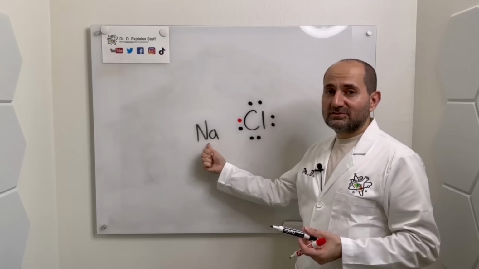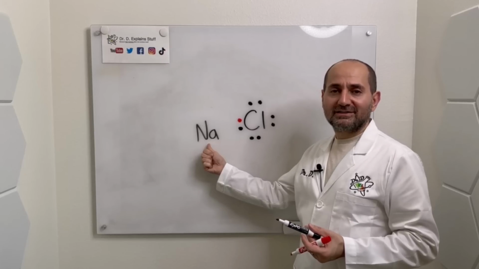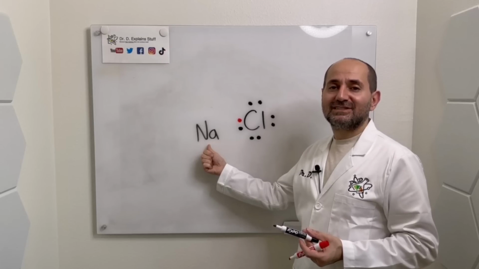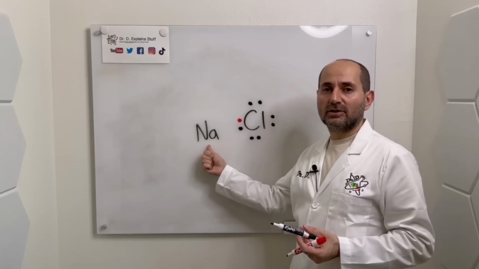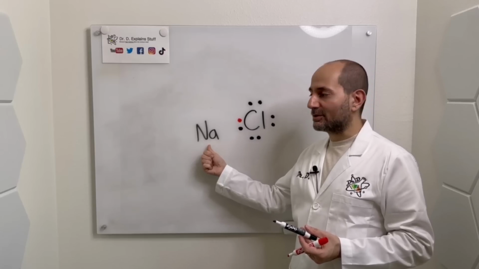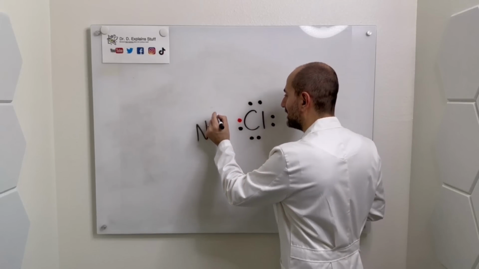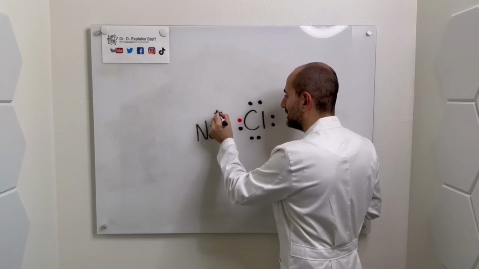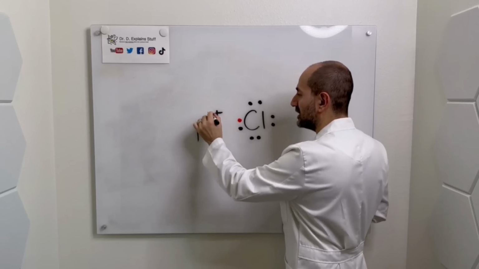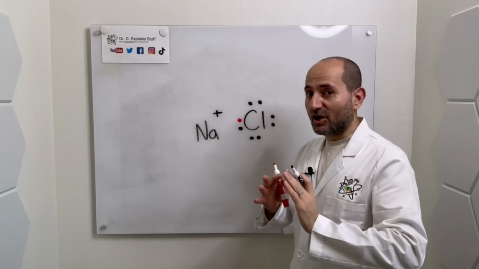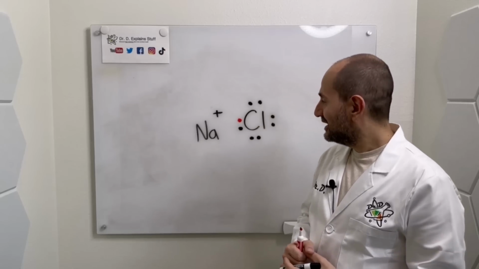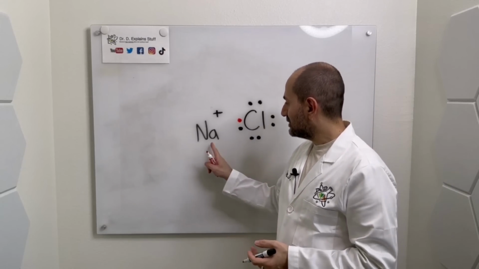So now, doesn't it have 1 more proton than it does electrons? It just gave away a negative charge. It just gave away an electron. So what charge is left over? It has 1 positive charge. Sodium has 1 positive charge. Not a partial positive charge, a full-on positive charge. So sodium has a positive charge.